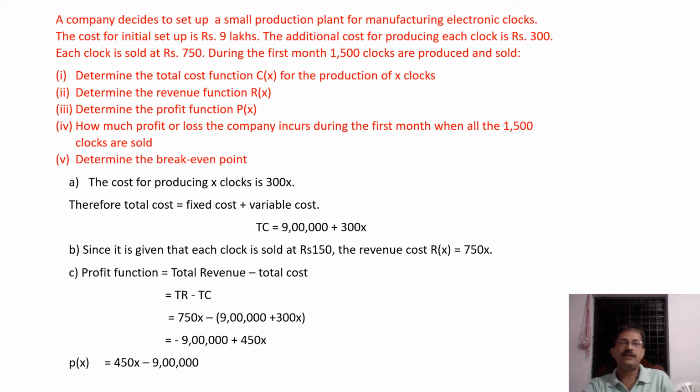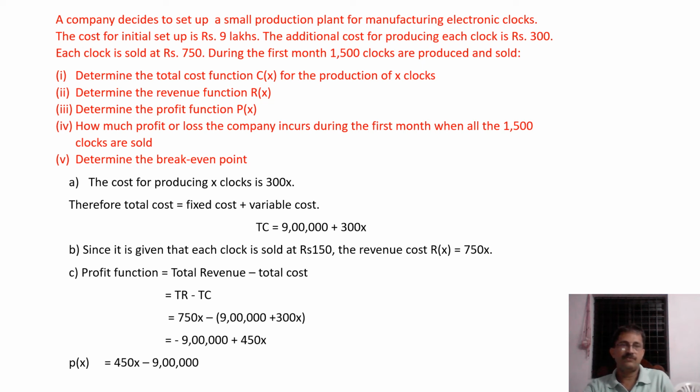The cost for initial setup is rupees 9 lakhs. So 9 lakhs is fixed cost plus this variable cost. For one clock the cost is 300 rupees. So therefore for X clocks 300X, that is variable cost. So this is the cost function.